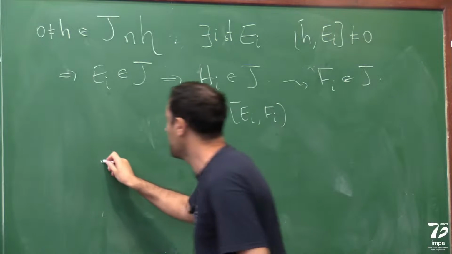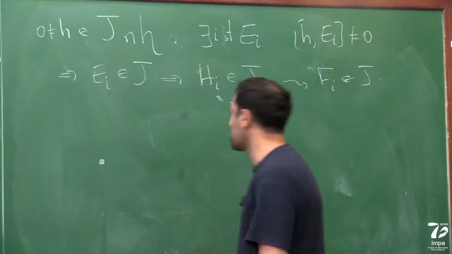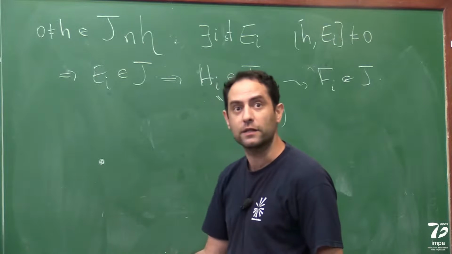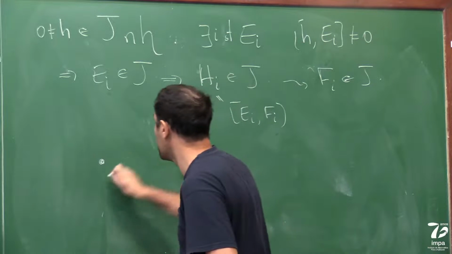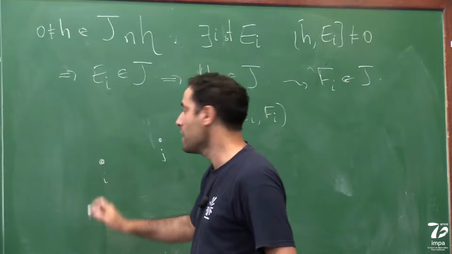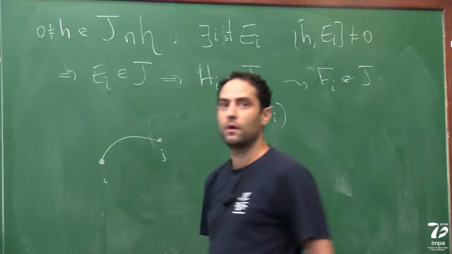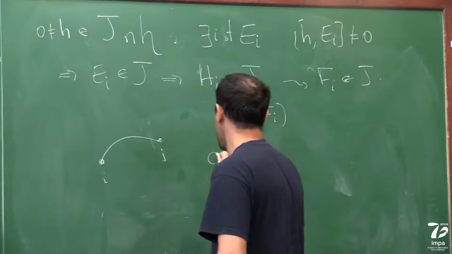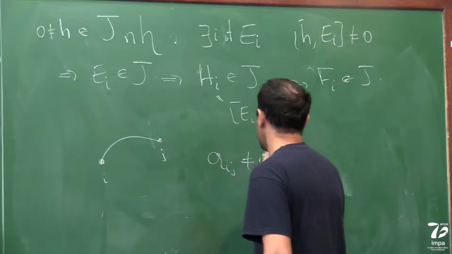But now, that I corresponds to one node in the Dynkin diagram. And the diagram is connected. So there's some other node, let's call this guy J, that is connected with I. So that means that at least one entry, Aij, is non-zero.